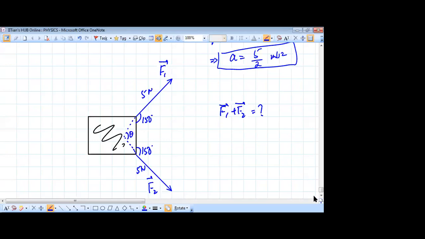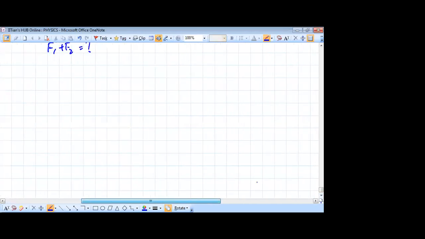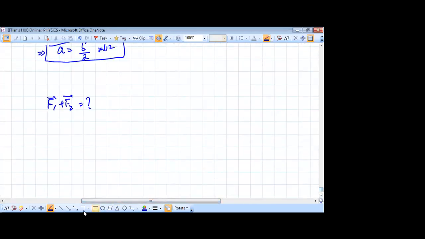So for that you will understand that if we draw those two vectors like this now from a common point, we draw the two vectors like this. So this is also 5 newtons. This is also 5 newtons. So this angle theta, you want to verify that it should be 120.